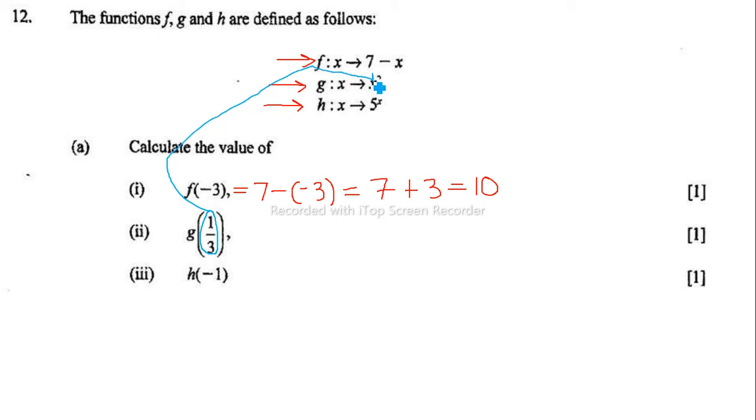Okay. So, it's going to be equal to, that's a square, a third to the second power.